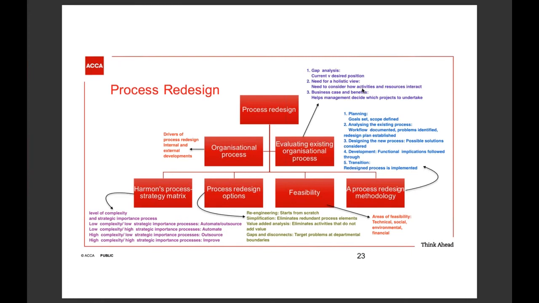And you need to look into the activities that you need to do to actually move from the current position to the desired position. And then you need to know how these particular activities and resources actually interact.